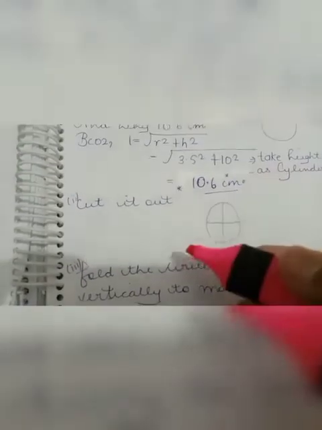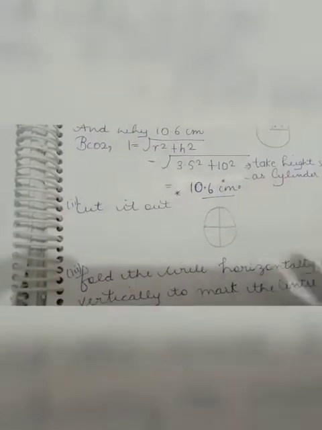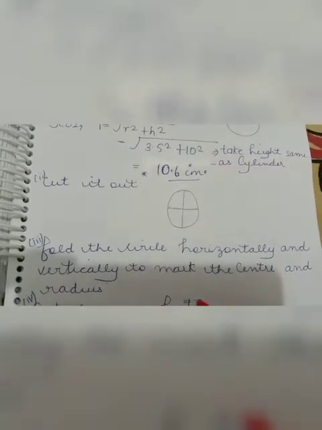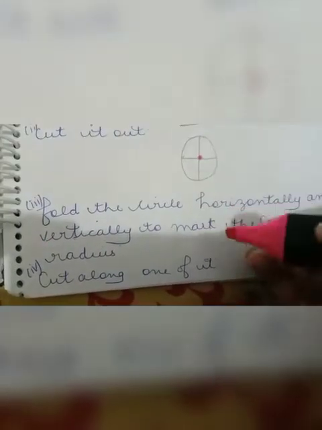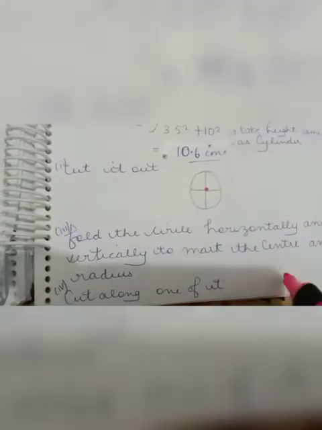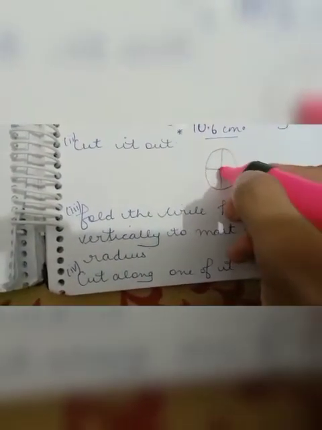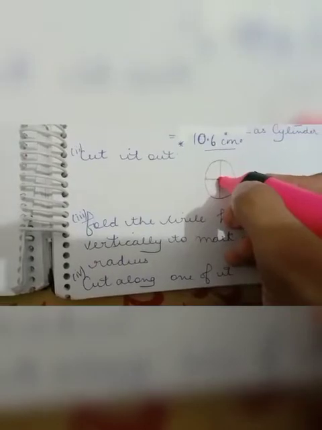Now after cutting out the circle, fold the circle horizontally and vertically to mark the center and the radius. So the center is this. Now cut along one side of it. So we will cut one side of the circle after folding it horizontally and vertically.